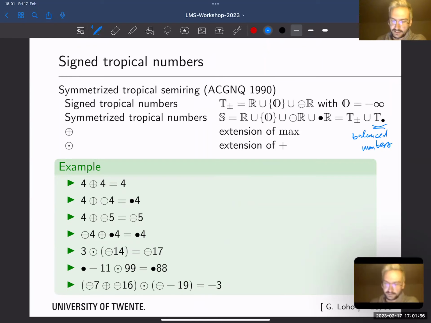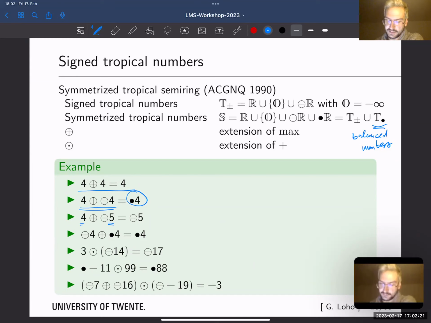So the usual max sum is okay: max of 4 and 4 is 4. But as soon as we would get cancellation, we get such a balanced number. Otherwise, the absolute value wins, so in the absolute value we again take the max.